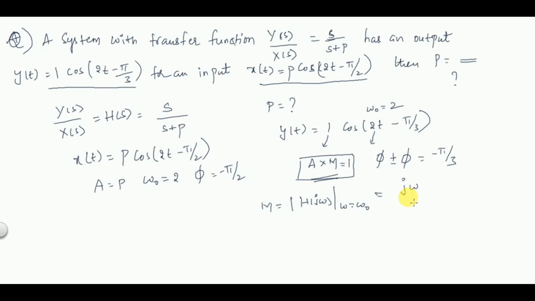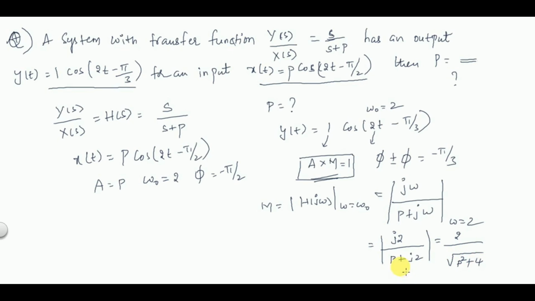So j omega by p plus j omega, modulus at omega equal to 2. So what you have is j2 by p plus j2, modulus. When you take the modulus of j2, you'll get 2 by root of p square plus 4, since the modulus of a plus ib is root of a square plus b square. So this is the value of M.